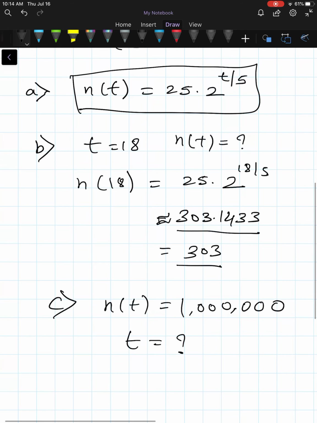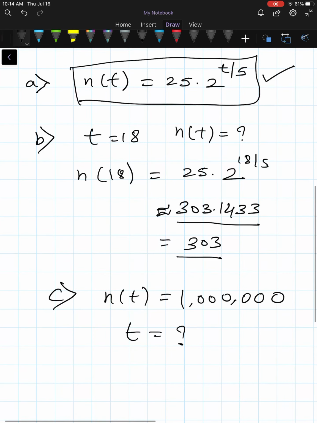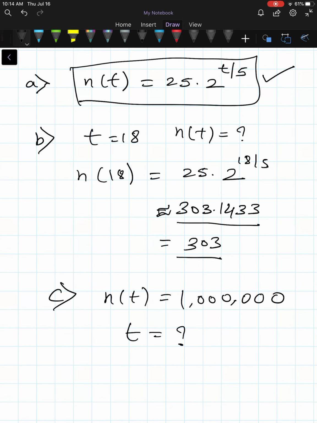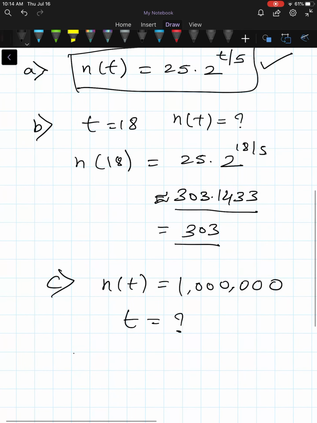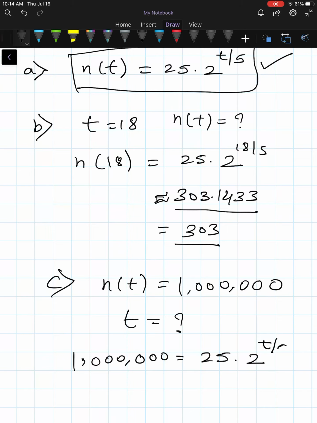You use the model from part A to solve this. So 1 million equals 25 times 2 to the power of t by 5.